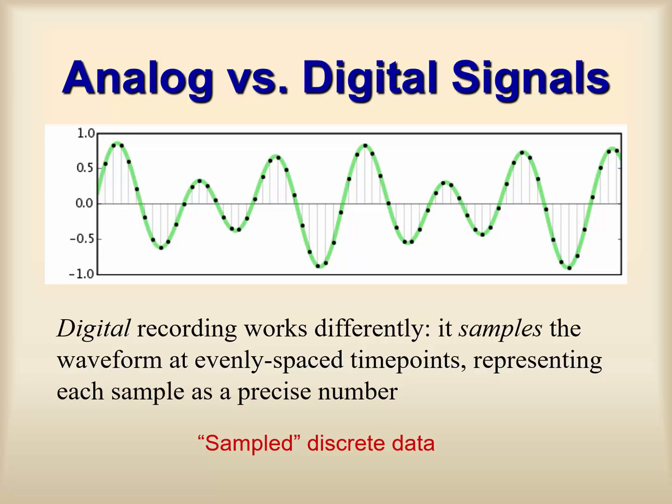You can see here from this graphic that there is a sine wave, and we have points that are being measured, the black dots on the wave, at a regular interval along this timeline. This allows us then to reproduce the sound wave.